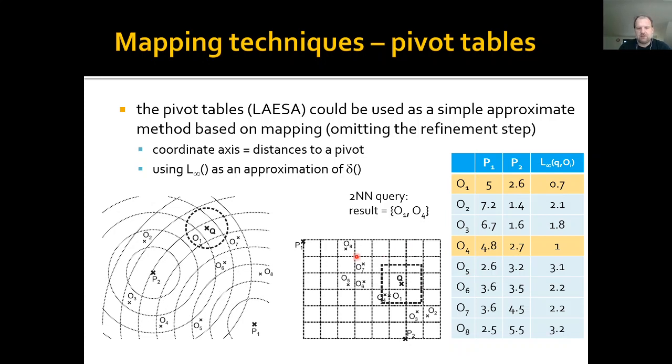We already saw this picture. We start with the data in metric space and then select some pivots, in this case 2 pivots, P1, P2, and transform the data from the metric space to pivot space and get this distribution. And it's a contractive mapping, as we already discussed.